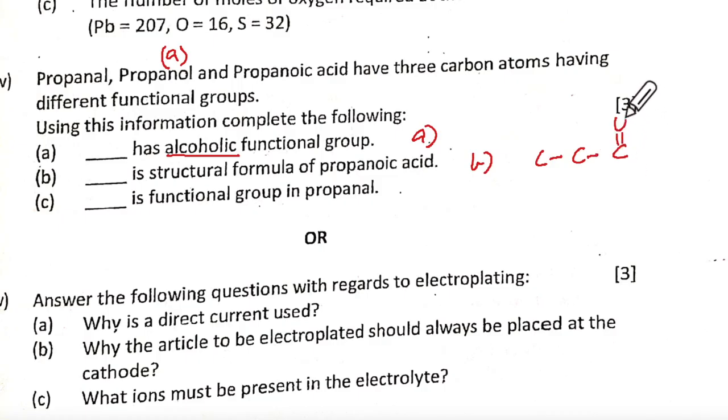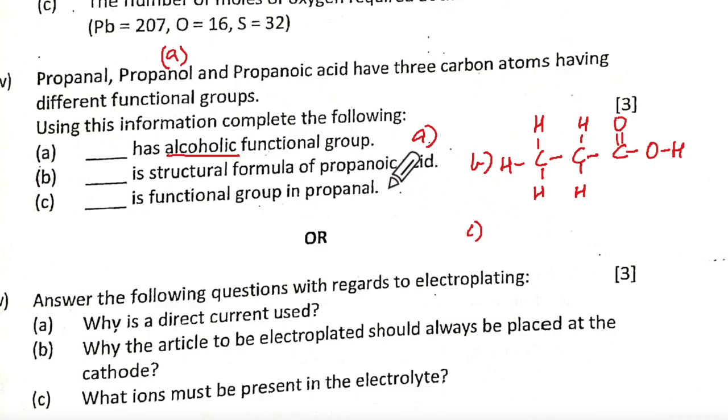Oic acid means double bond O, single bond OH, and this will be CH3, CH2. Remember it, and make it sound funny so that you'll remember.